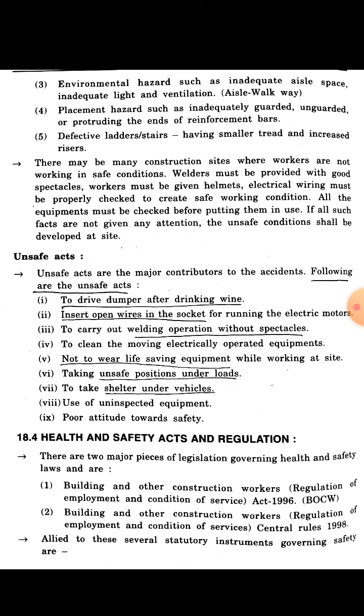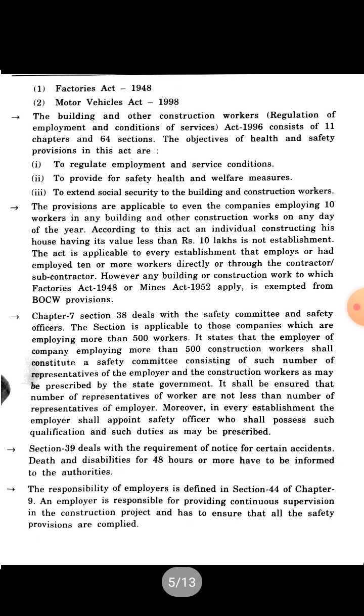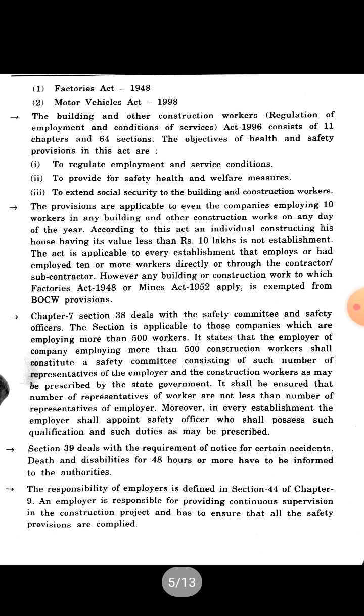Now another point, we start health and safety acts and regulations. There are two major pieces of legislation governing health and safety laws. The first one is the Building and Other Construction Workers (Regulation of Employment and Conditions of Service) Act 1996, and the Building and Other Construction Workers Regulation of Employment and Conditions of Service Central Rules 1998.